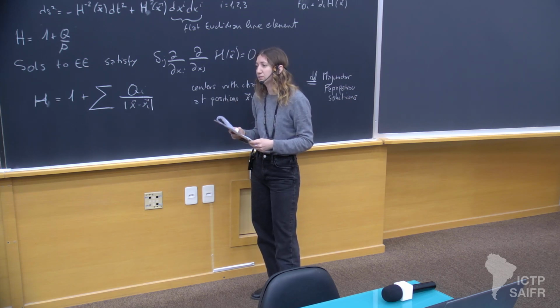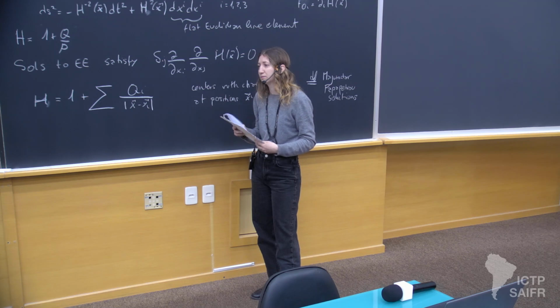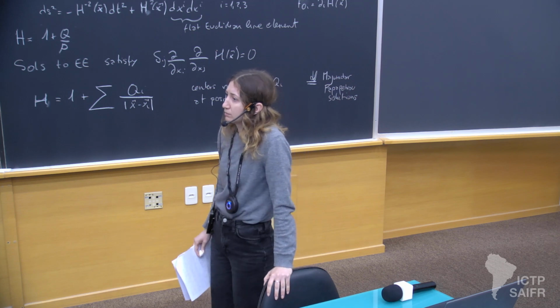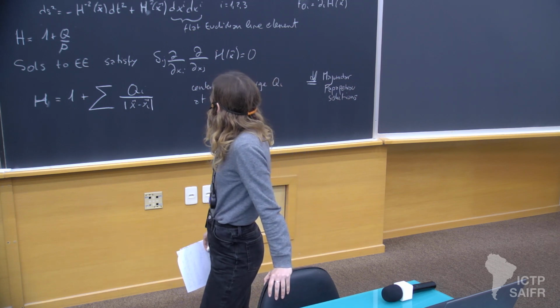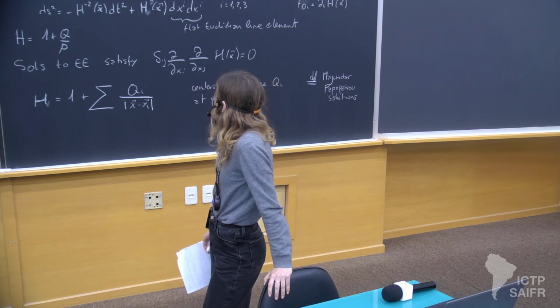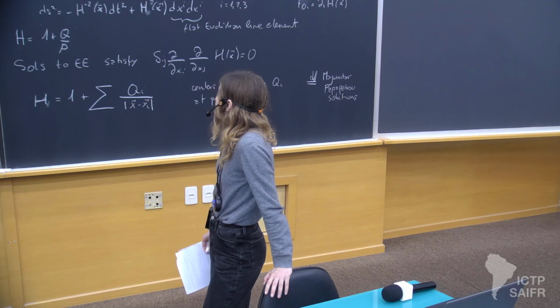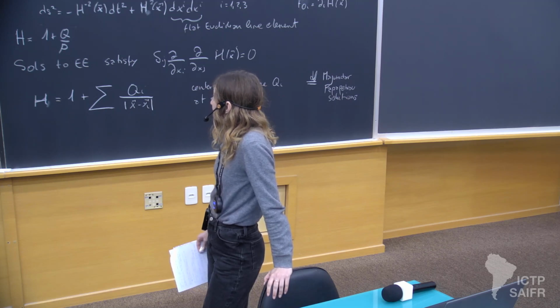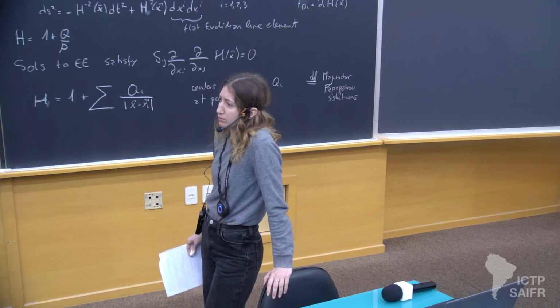I see. Okay. And can we also compute, like you were doing in the previous lectures, the free energy for these solutions? In principle, yes. It's just that you will need to take a specific kind of limit because the temperature for these solutions is 0.